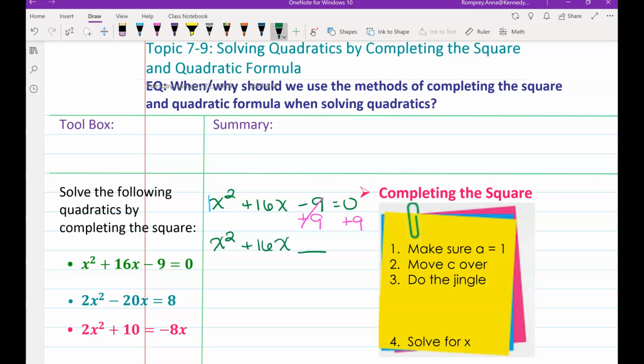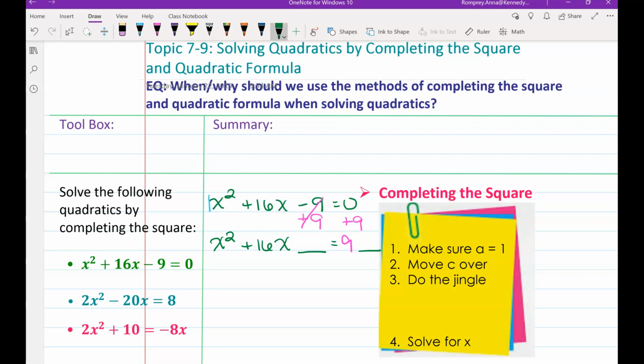I'm going to leave a blank, and you'll see why in a minute. And then I have my positive 9, and I'm going to have another blank again. So what we're going to do is create a perfect square trinomial, one of those that factored really easily. Why do you ask?